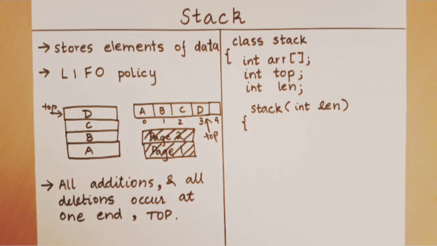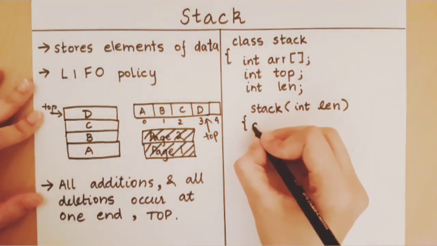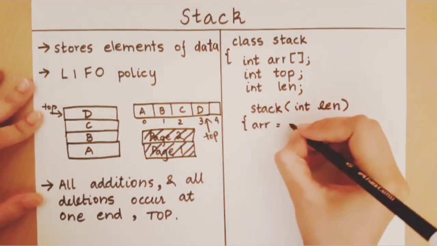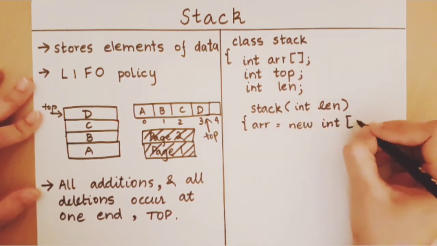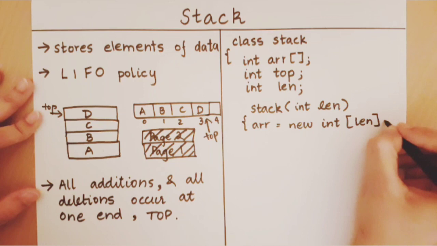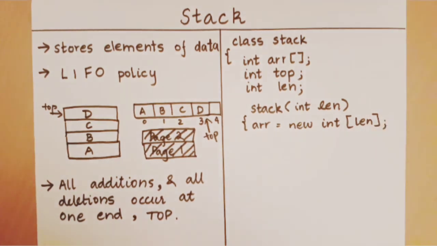The first thing I will do is initialize the array to the length which the user has given, which is len. After that, my variable of this object len, I am going to initialize it to the user given len.